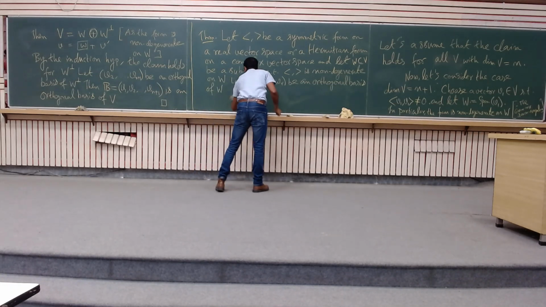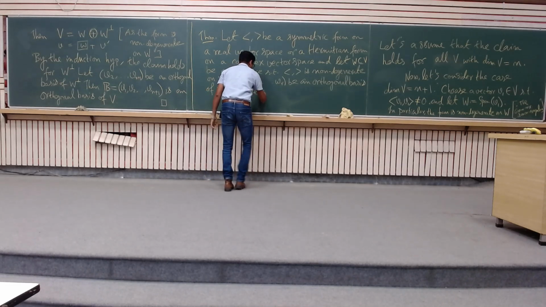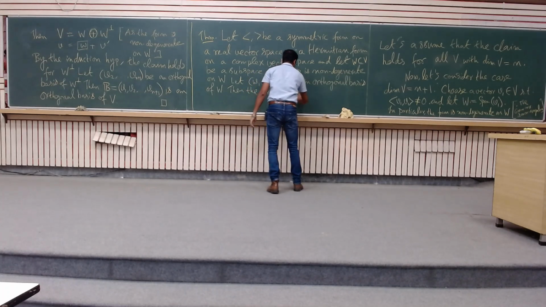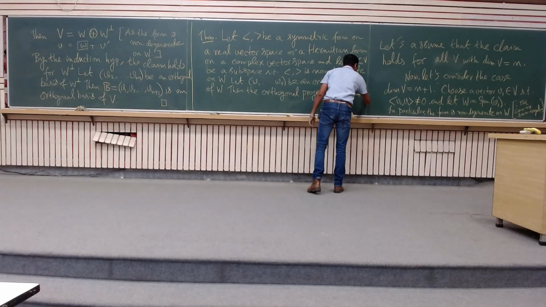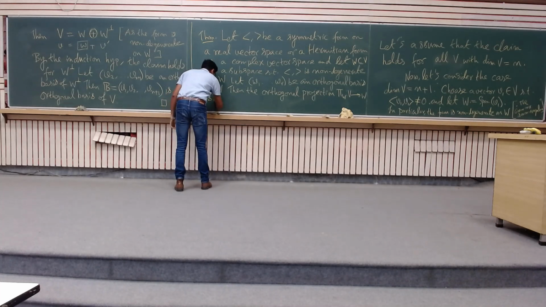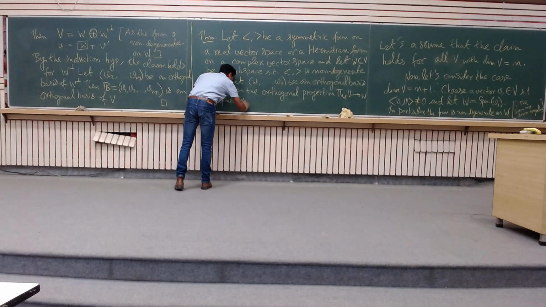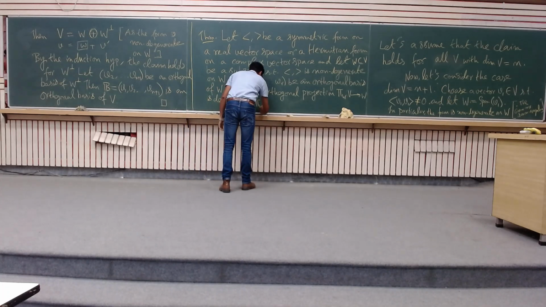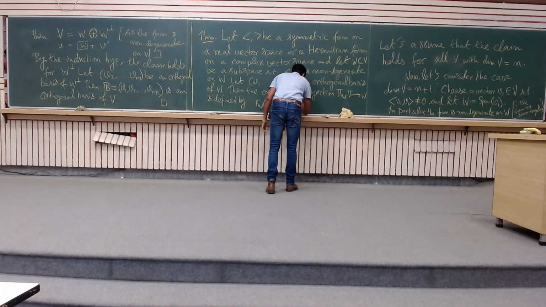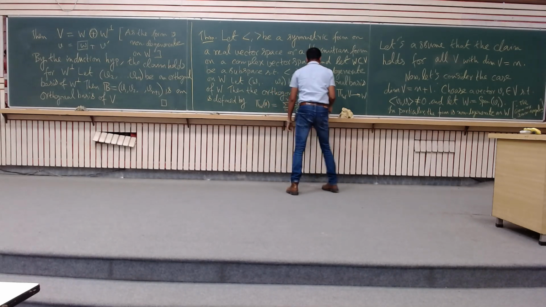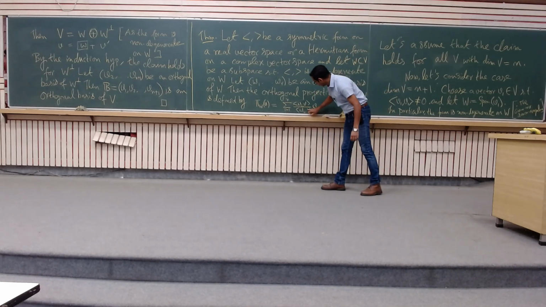Then the orthogonal projection pi W from V to W is defined by pi W of V equal to the summation, i running from 1 to R, of the inner product of Wi and V divided by the inner product of Wi with Wi, times Wi.